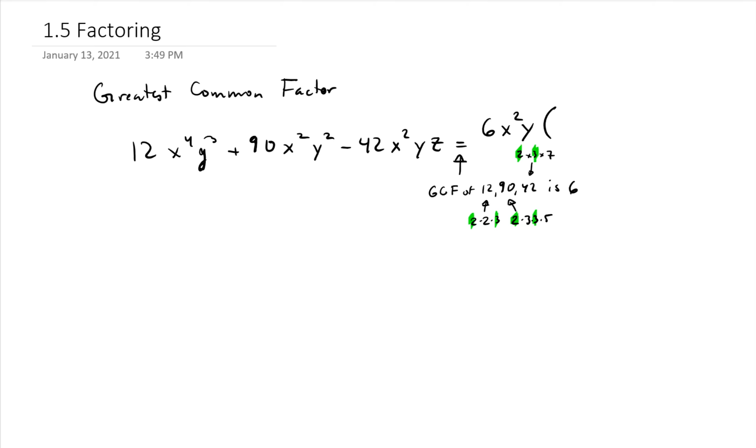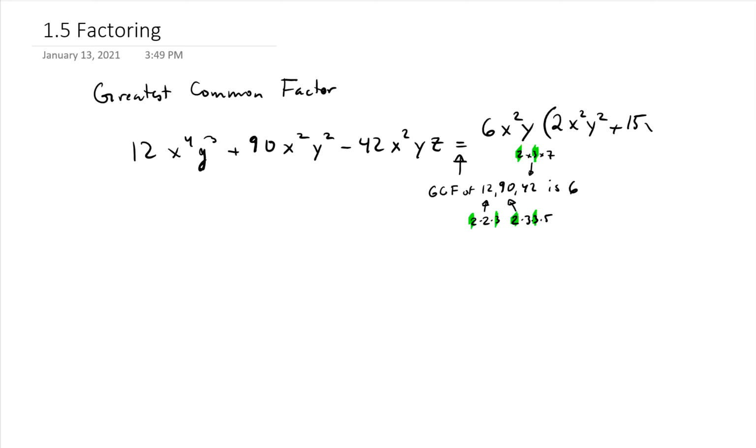So if you do this here, you're going to be left with 2x squared y squared. You have to make sure that when you remultiply, you get back, for example, this term. So does that work? 12x^4y^3. Okay, that works. Then, 6 times what is 90? 6 times 15. x squared is already taken out.